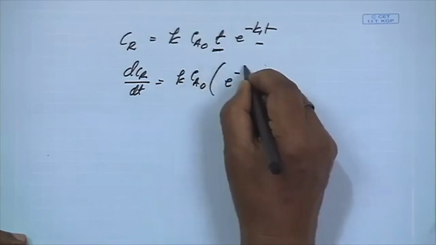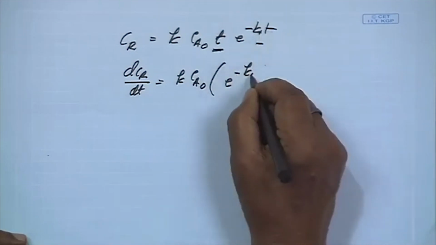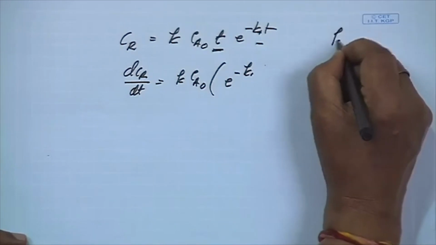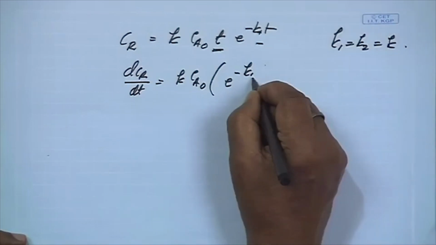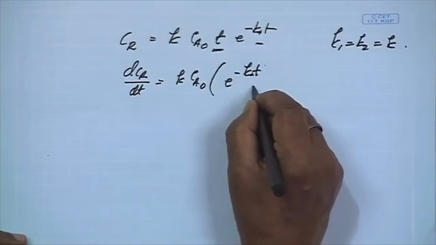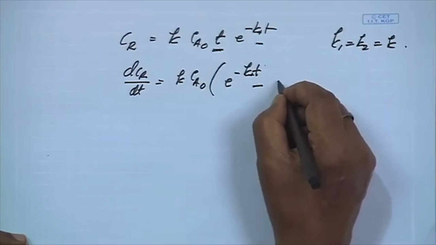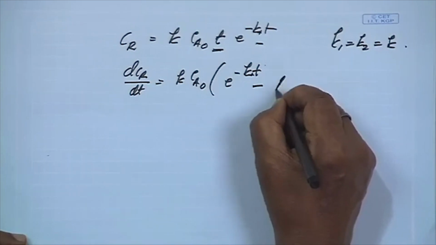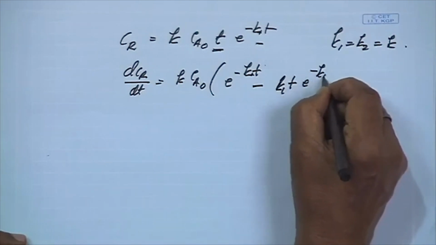This will be minus Kt, not K1t, because I can write K1 equal to K2 equal to K. So it is K e to the power minus Kt, then minus, that t will be there, and this will be Kt into e to the power minus Kt.